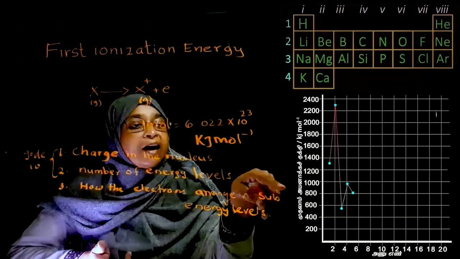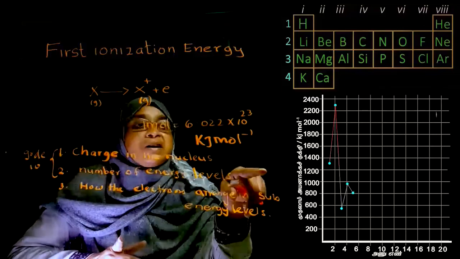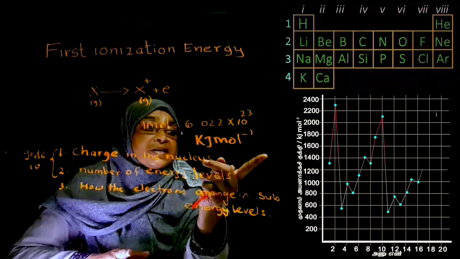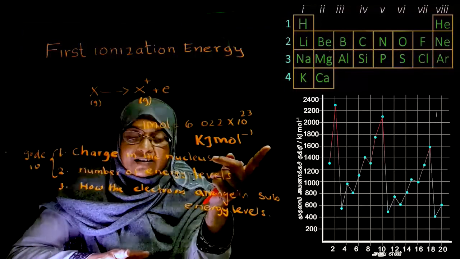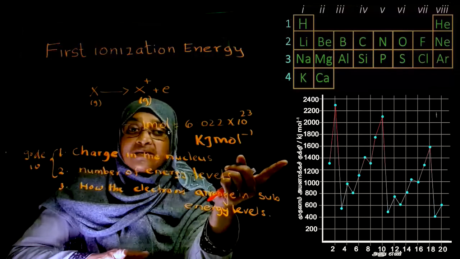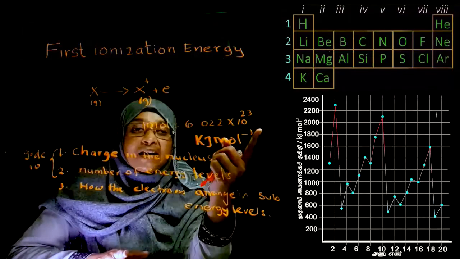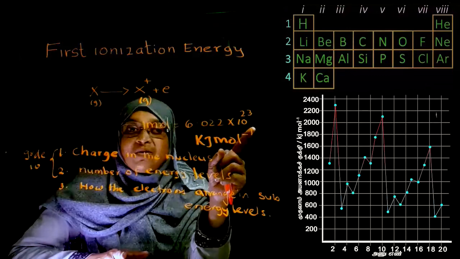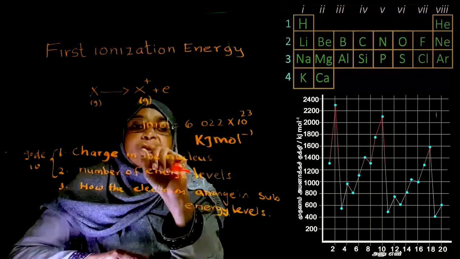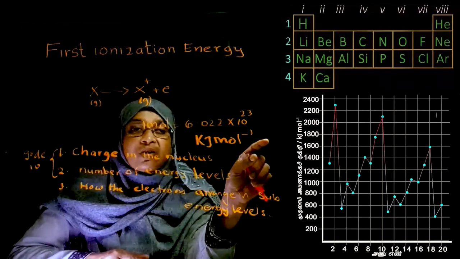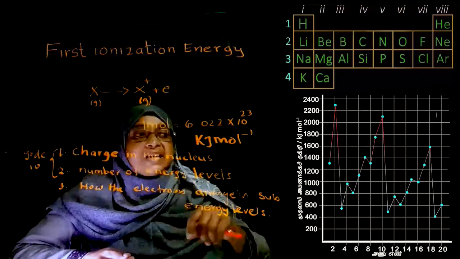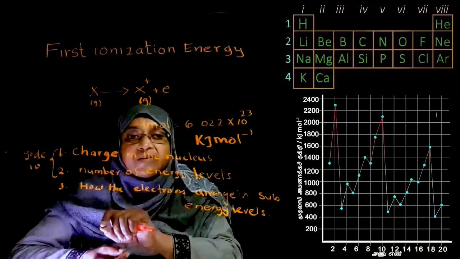Then atomic number 5 boron, atomic number 6 carbon, atomic number 7 nitrogen, atomic number 8 oxygen, atomic number 9 fluorine, then atomic number 10 neon. Neon gets the higher first ionization energy in period number 2. So the first ionization energy in the period increases from left to right.